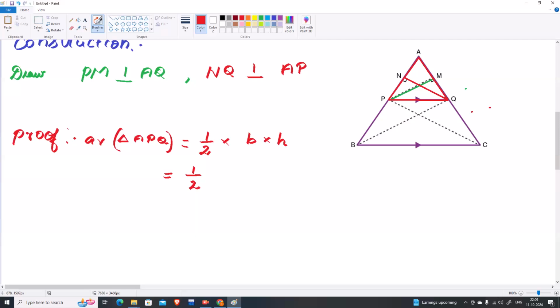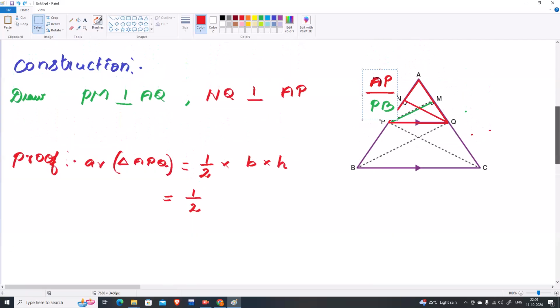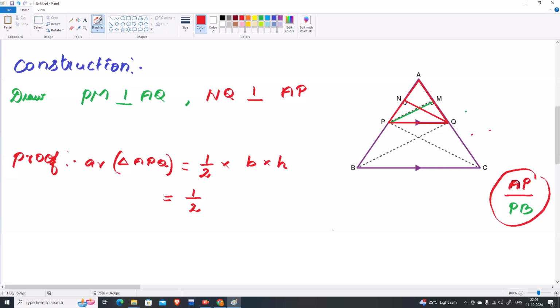Whatever we want to prove is important, so for my convenience I bring only AP. After completing, we can erase it.